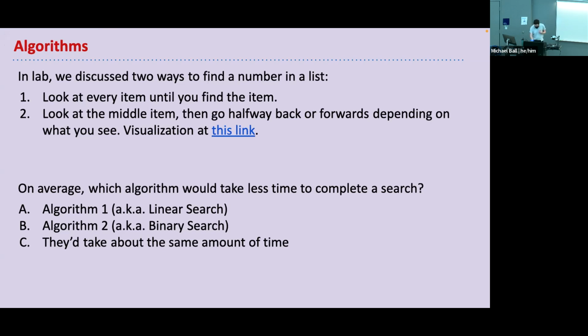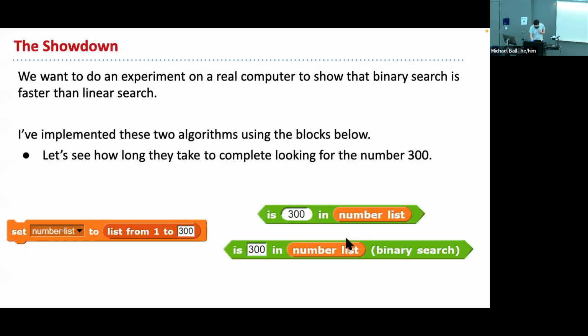In this case, the answer is B, the binary search algorithm would generally take less time to search. So how do we figure out that binary search is in fact faster than this other algorithm that we're going to typically call linear search?